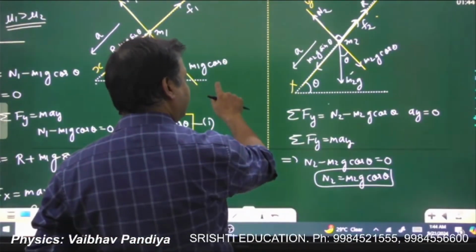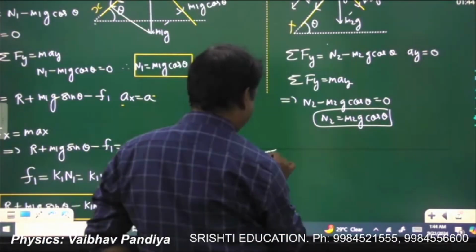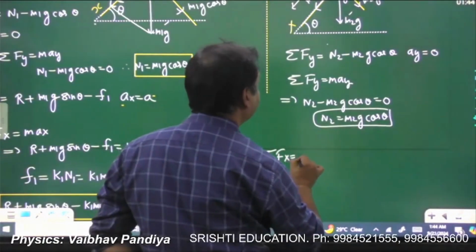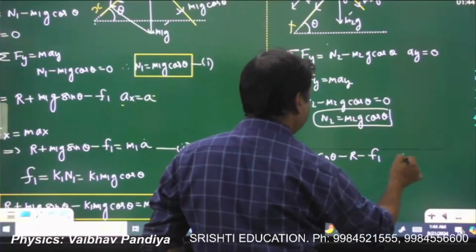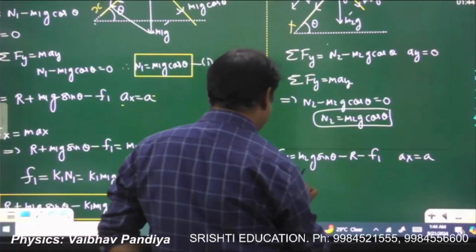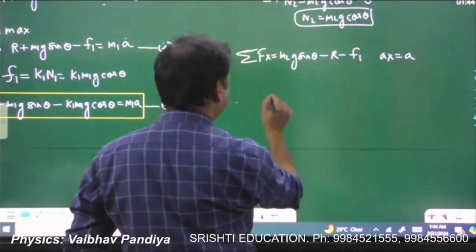Now what is the net force on the x-axis? So net force on the x-axis is M2g sin theta minus R minus F1, and Ax is A. Now let's apply Newton's second law on the x-axis.